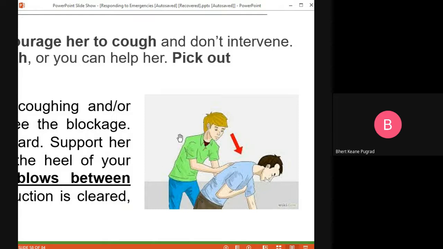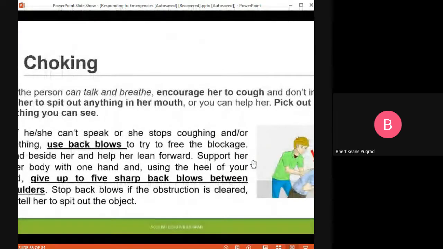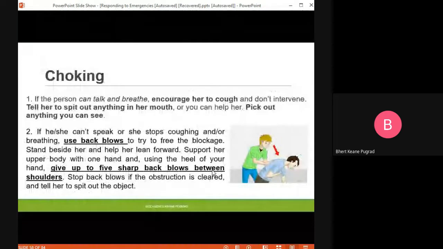Okay? You should have a cupped hand, and then deliver 5 back blows on the patient's back. Okay? So you need to support the patient's body with one hand using the heel of your hand. Give the 5 sharp back blows between the patient's shoulder blades. Take note, the landmark there is between the patient's shoulders.